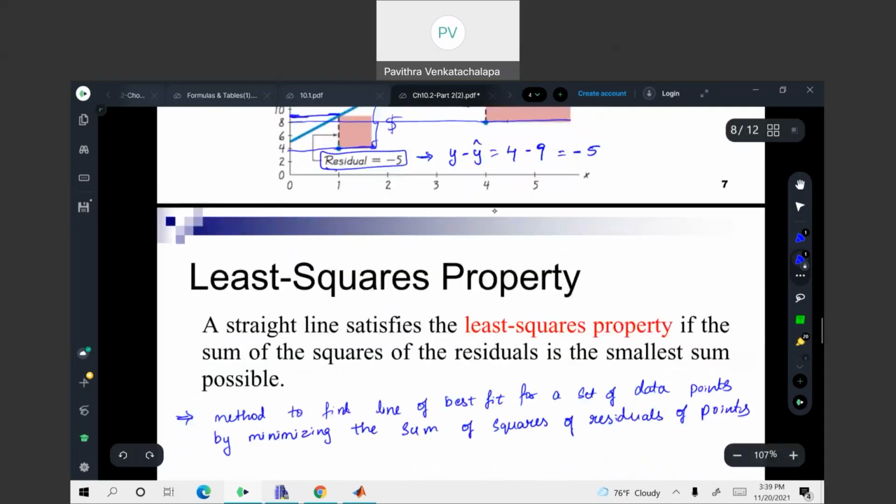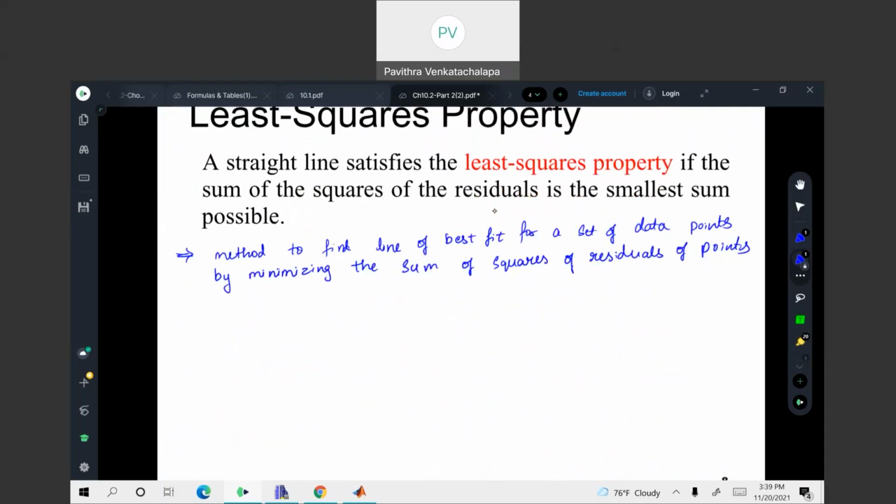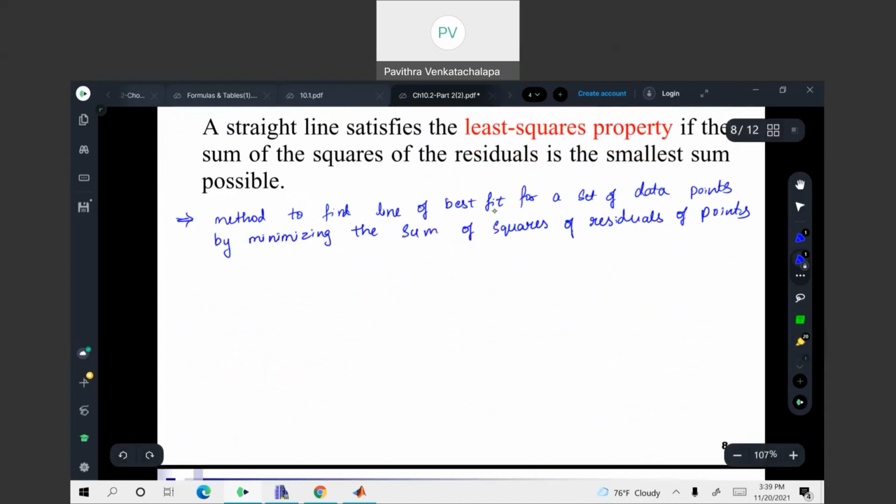You have to use the least square method. Okay, so that's one importance of this. Now, this is also used to predict the behavior of the dependent variable.